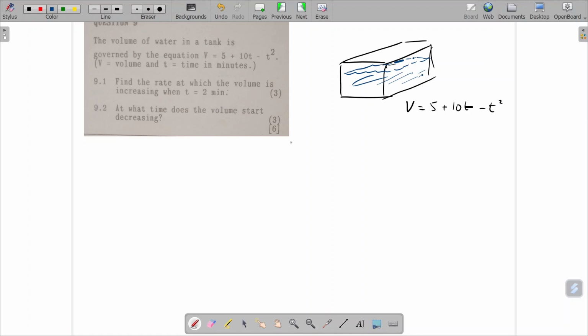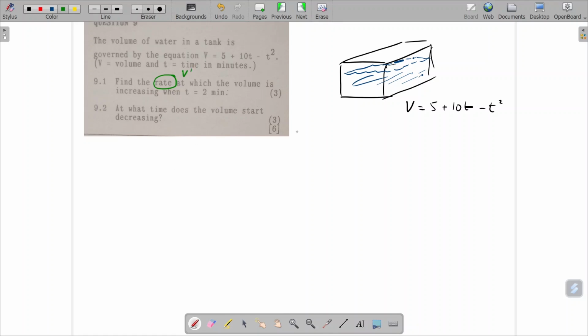Find the rate at which the volume is increasing when t equals 2 minutes. Now, rate is always a comparison of two values. So what we're talking about here is, again, the first derivative. So rate here would be v dash.